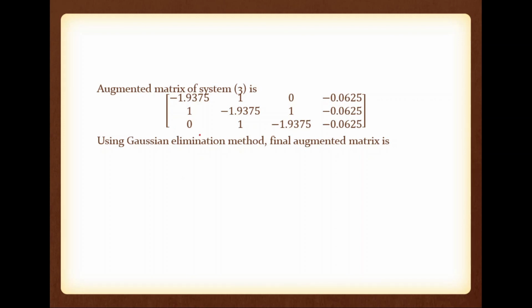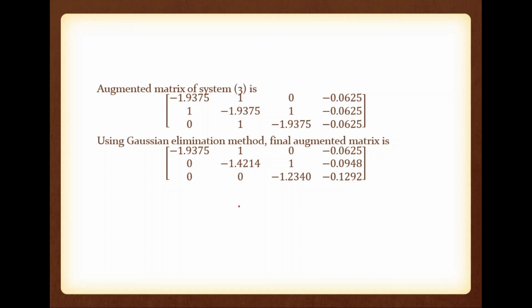The final augmented matrix is minus 1.9375, 1, 0, minus 0.0625; 0, minus 1.4214, 1, minus 0.0948; 0, 0, minus 1.2340, minus 0.1292.